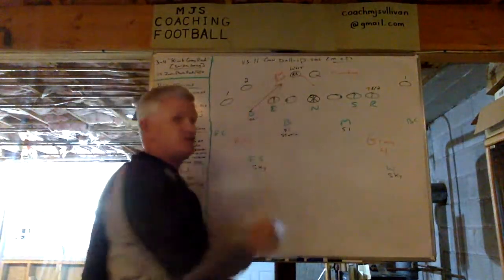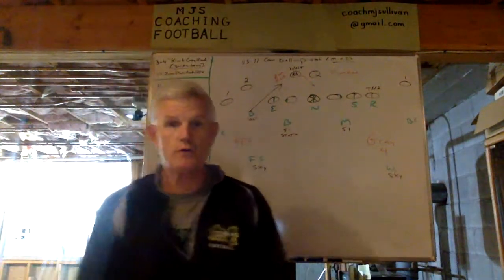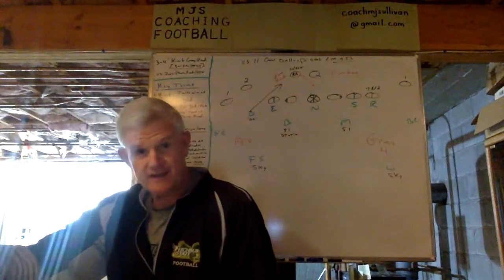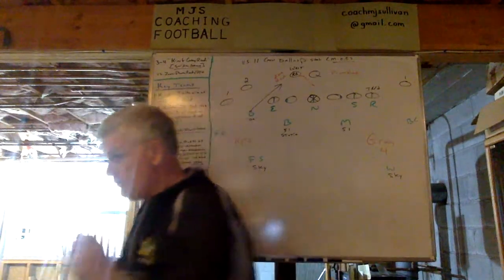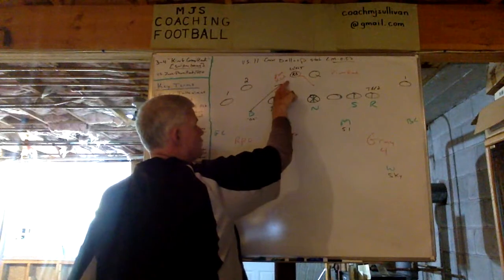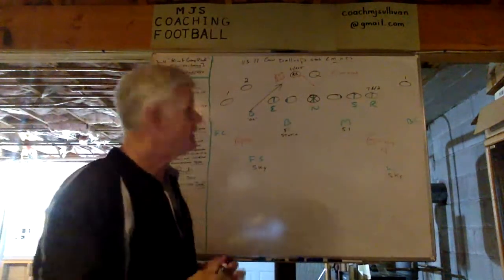As he's blitzing, he is reading the mesh. In a zone read, the quarterback is going to be opening and looking at the edge. So he knows to continue on the same course where the back used to be because he's got quarterback, right?